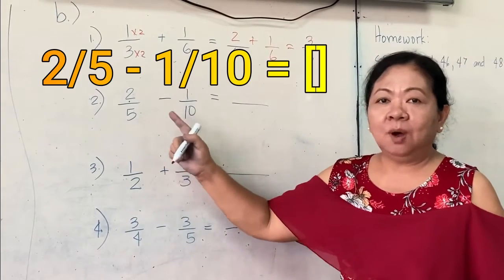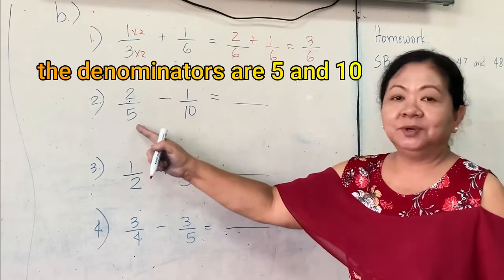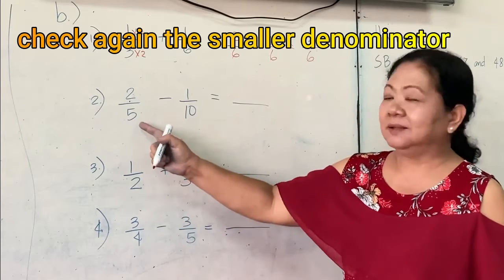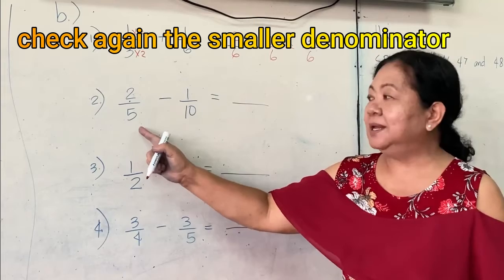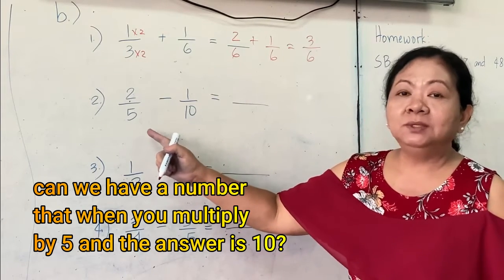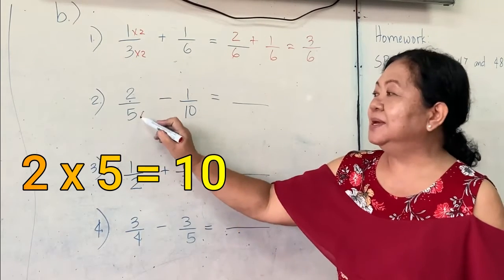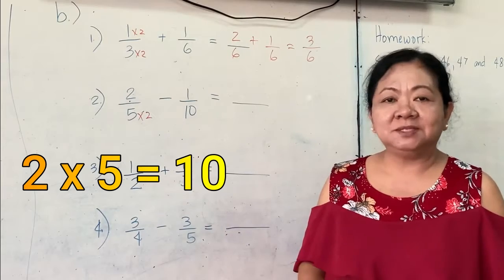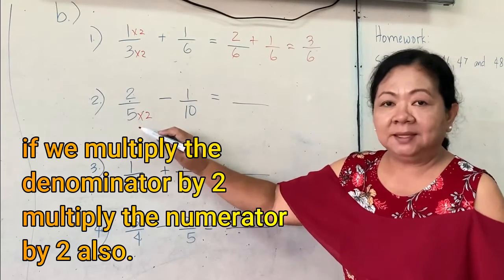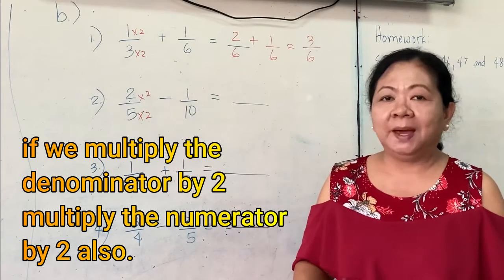Another, 2 over 5 minus 1 over 10. The denominators are 5 and 10. They are not the same. But, let us check the smaller denominator. Can we have a number that when we multiply by 5 will be 10? Yes. So, that is 5 times 2. 5 times 2 is 10. And if we multiply the denominator by 2, we will also multiply the numerator by 2.